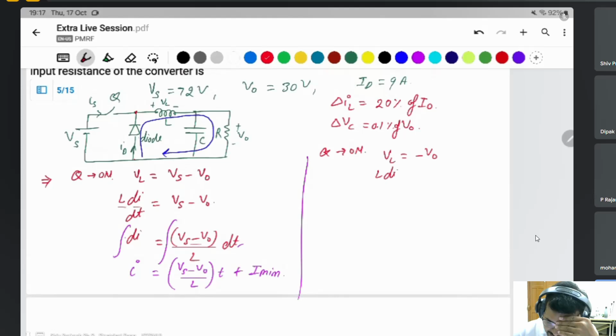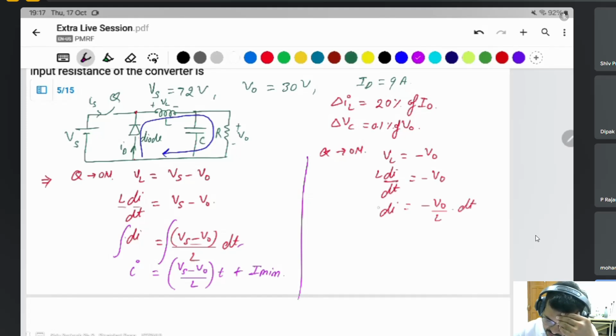Same thing, you can apply L di by dt is equal to minus V naught. Then di is minus V naught by L into dt.